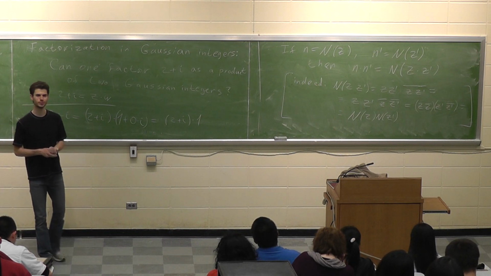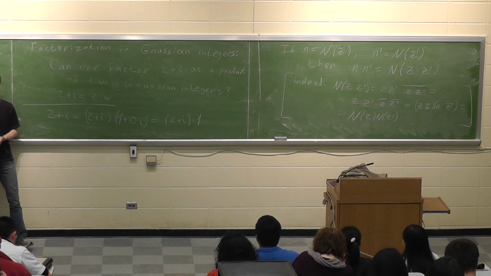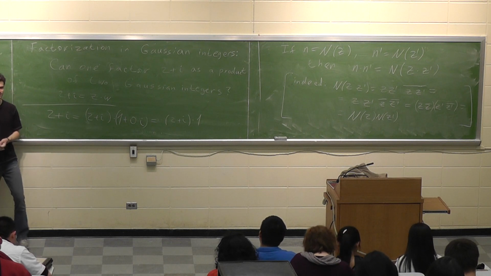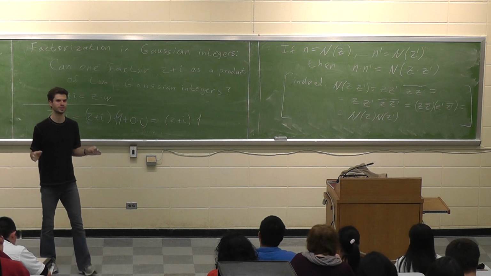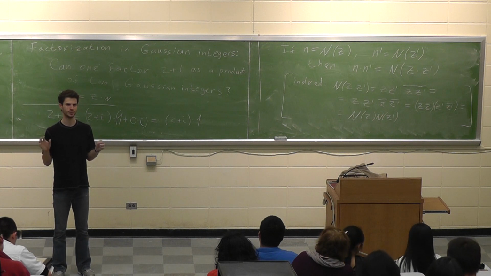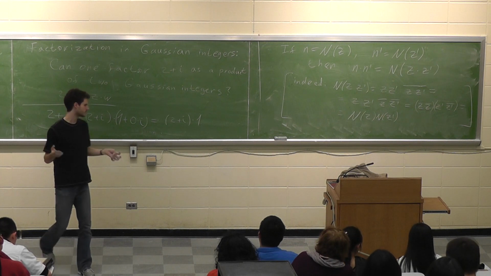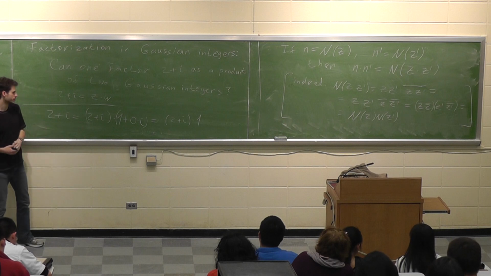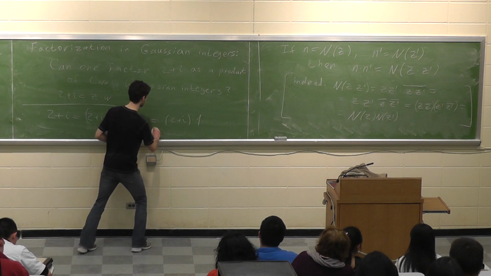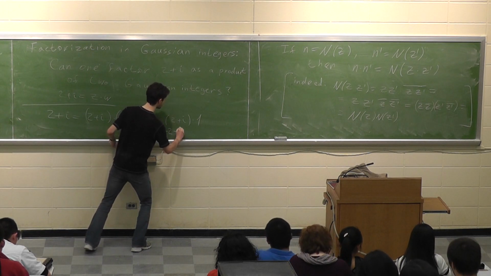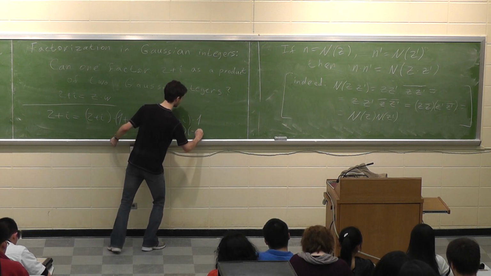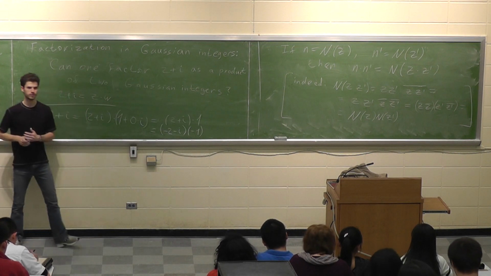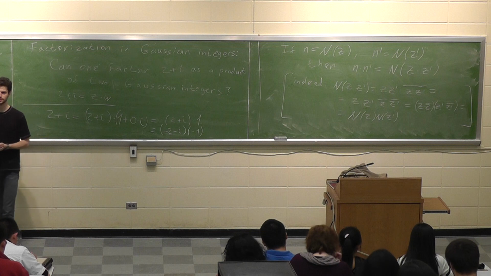It's not the only possible way. Even in usual numbers, we can always write a number, say, I can take 6 and write it as 6 times 1, or say minus 6 times minus 1. No problem doing this here as well. So I can write this as minus 2 minus i times minus 1. Are there some other ways?